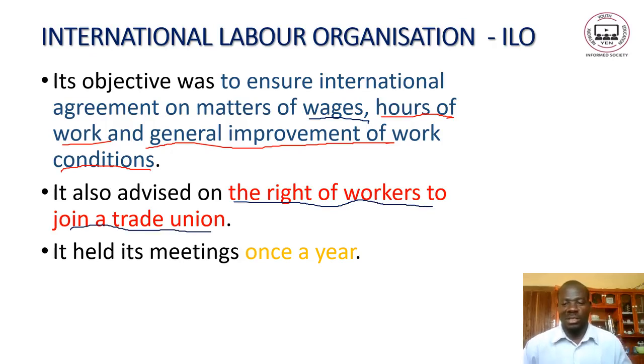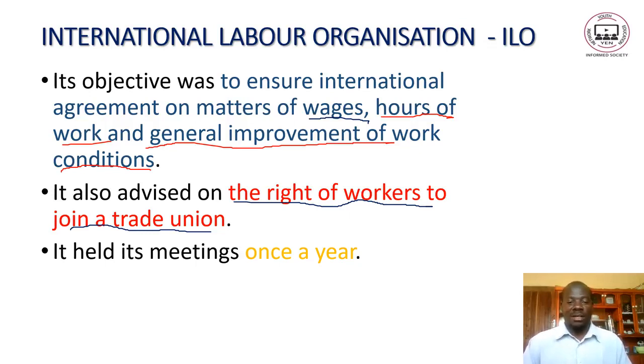The trade union is like the coming together of workers so that their voice is heard as one. Because sometimes if you are in a factory, like a cotton factory, a rubber factory, or a sugar factory, there are bad conditions sometimes there. If those people don't come together to form a union, their voice is not going to be heard by the employers.